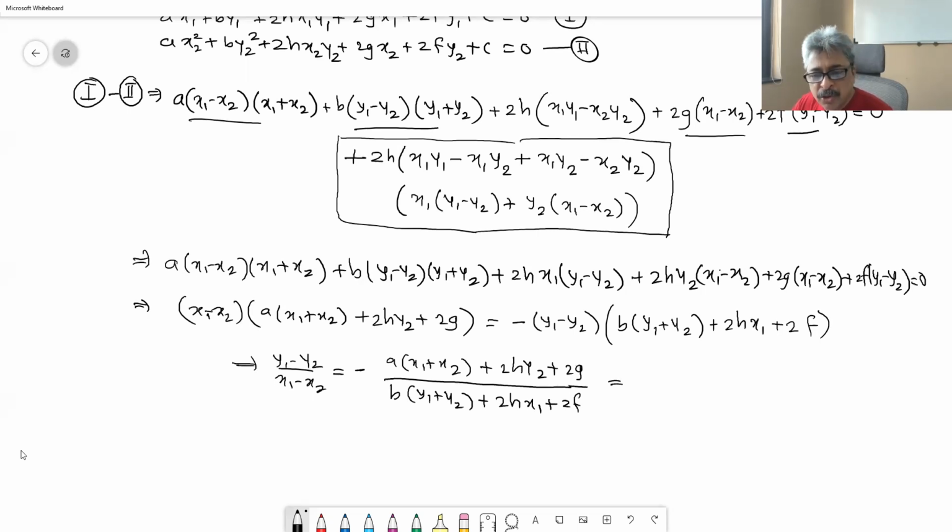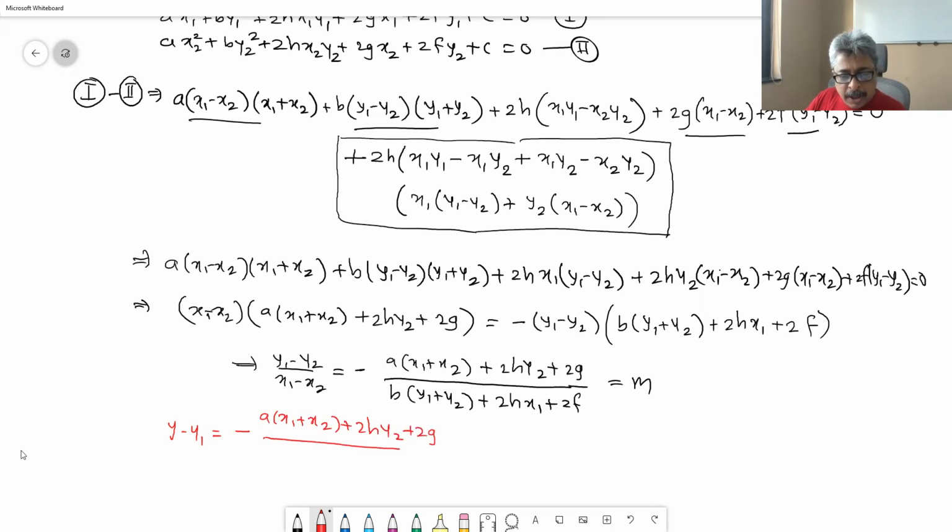This is what is your slope. And therefore the equation of tangent is y minus y1 is equal to minus [a(x1 plus x2) plus 2hy2 plus 2g] divided by [b(y1 plus y2) plus 2hx1 plus 2f], that is the slope, into (x minus x1). Very good. Simplify.